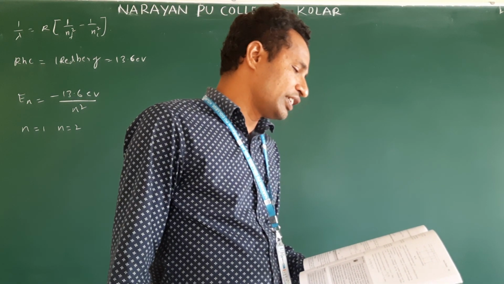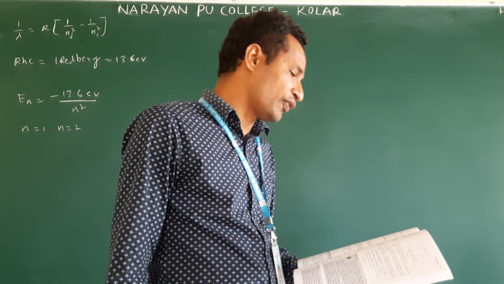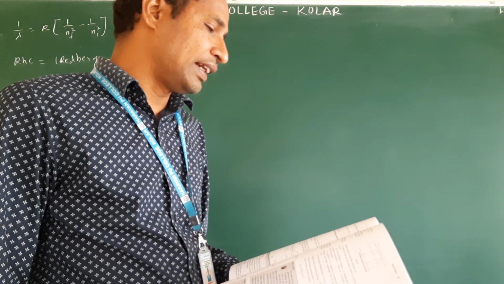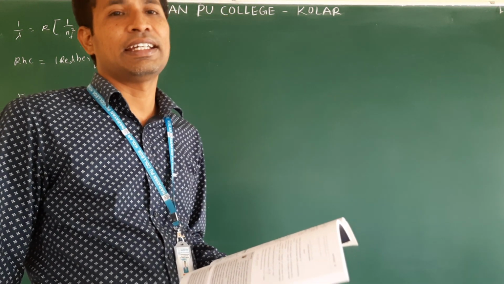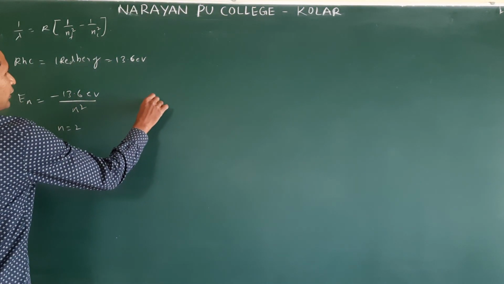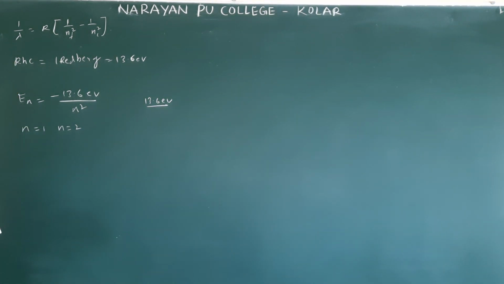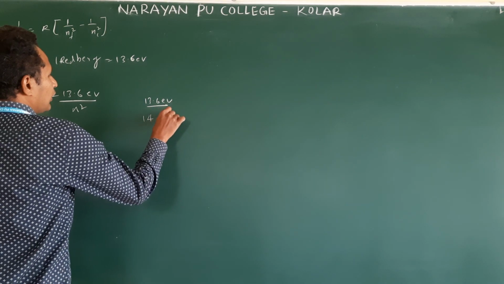If the nucleus and electron are separated by an infinite distance and the total energy is positive, the atom is ionized and the electron goes to infinity, moving independently with some kinetic energy. See, what did I say? If I provide 13.6 eV, it is just separated from the nucleus. Suppose I provide 14 eV.